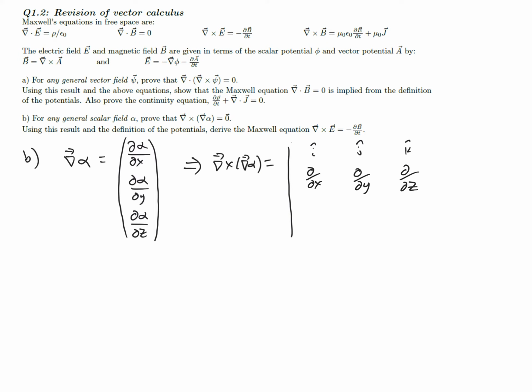And on the bottom row, I have the gradient of alpha, which is itself d alpha by dx, d alpha by dy, d alpha by dz. That's some gigantic determinant which I need to calculate. I do it, and what do I get? I get a vector, because the cross product of two vectors gives me a vector, and it looks like this.